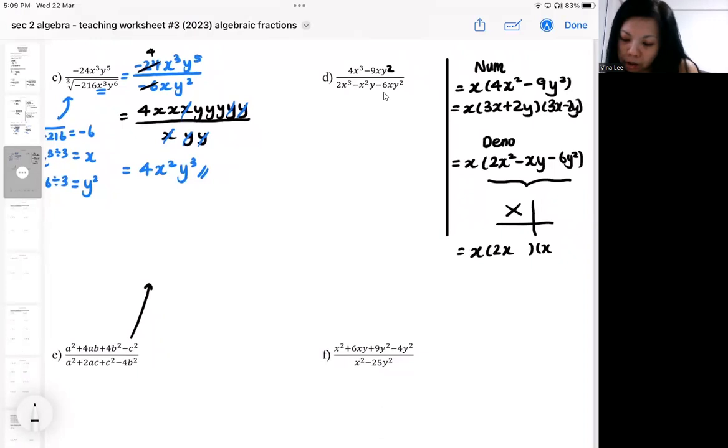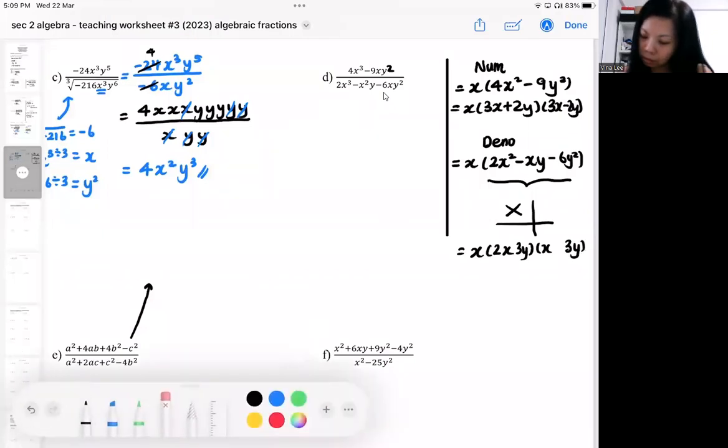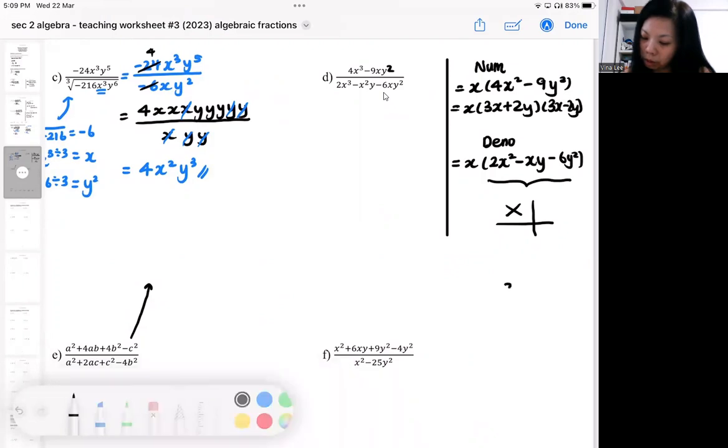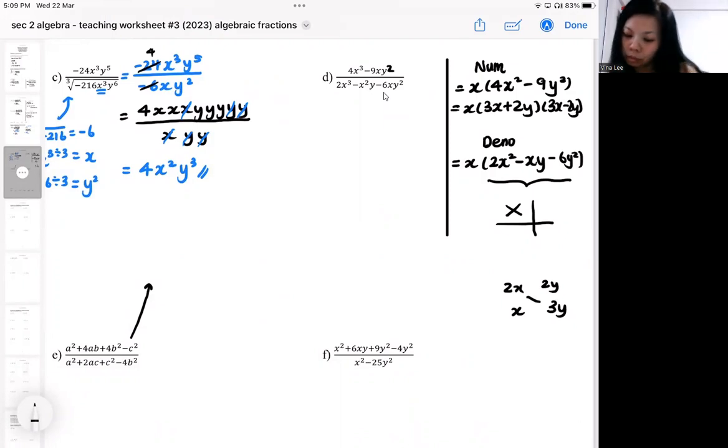I think there is some typo here. So this one I've got to do the cross. I will get 6. I should put it the other way around.